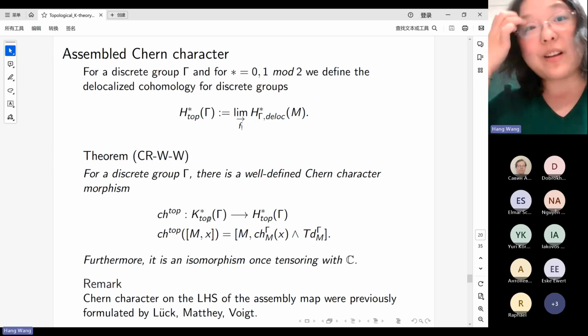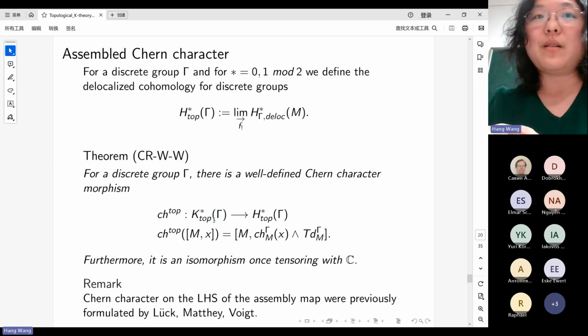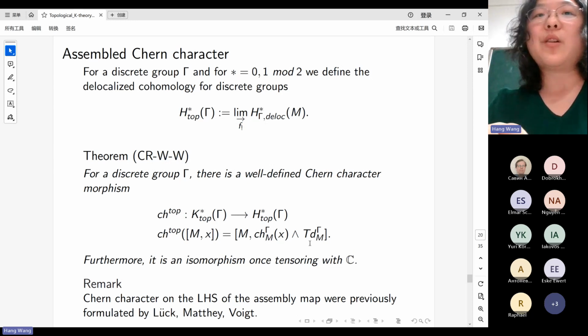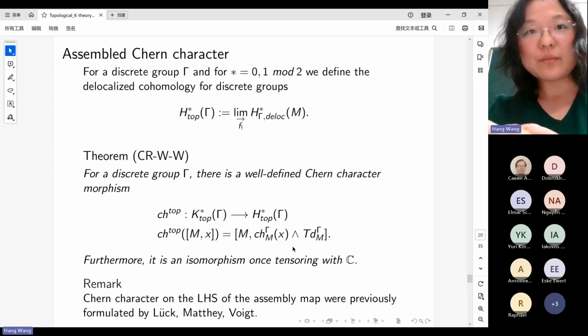But specifying on each level, it will be equivariant K-theory for some manifold to delocalized cohomology for this manifold. So explicitly, this Chern character map has a nice formula in terms of the Chern character.